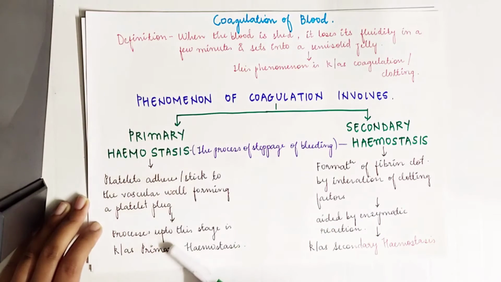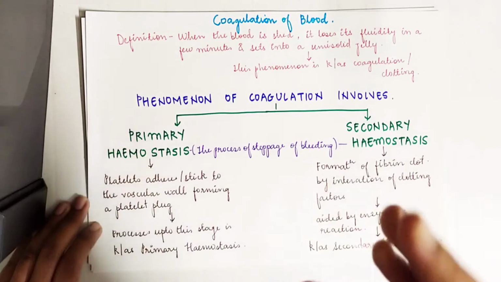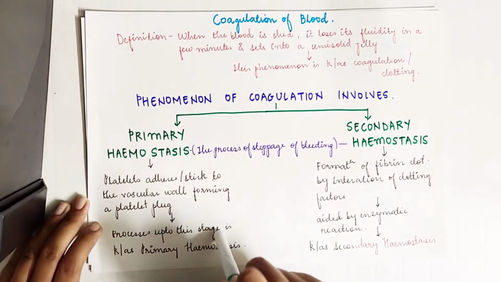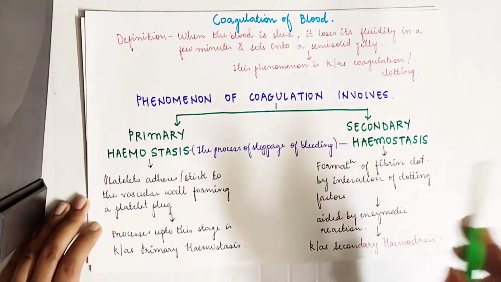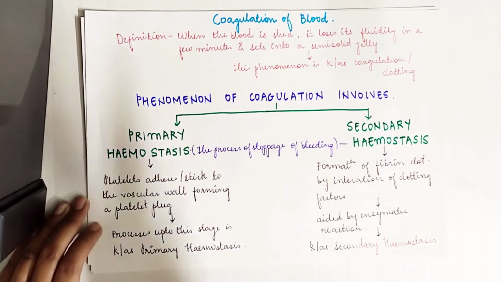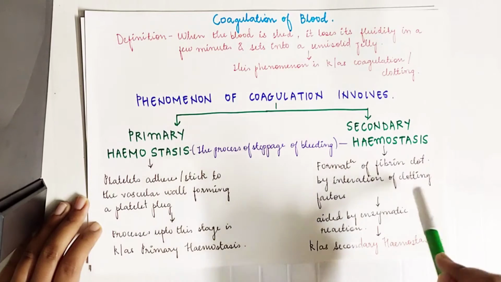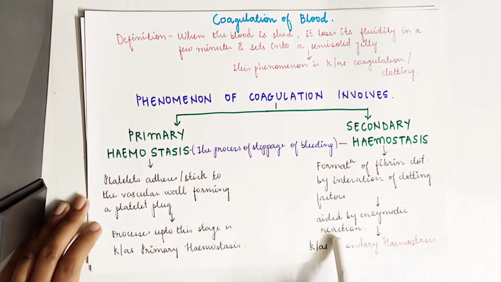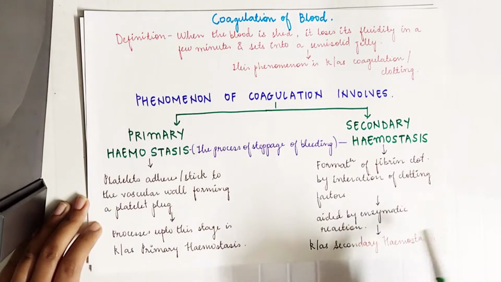In primary hemostasis, the platelets stick to the vascular wall and form a platelet plug. The processes up to this stage are known as primary hemostasis. In secondary hemostasis, the fibrin clot is formed by the interaction of the clotting factors. We'll study later about the 13 clotting factors. The clotting factors are mainly aided by the enzymatic reaction. This whole process is known as secondary hemostasis.